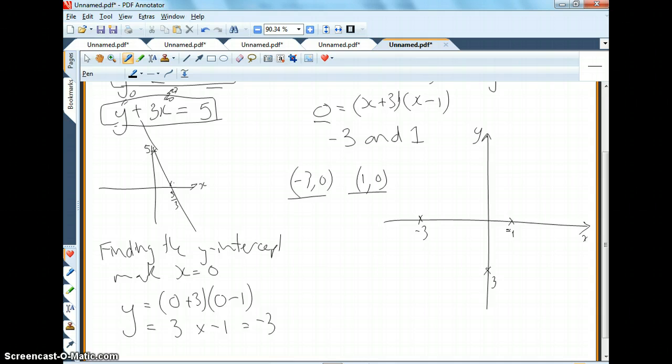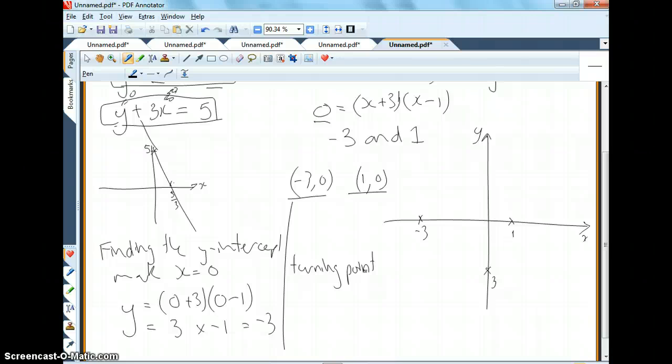The fourth and final point is going to be the turning point. Now, can anyone look at this parabola and tell me, in terms of the x value, where the turning point occurs?